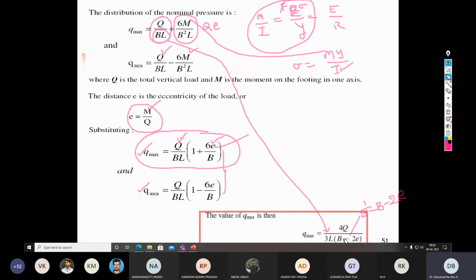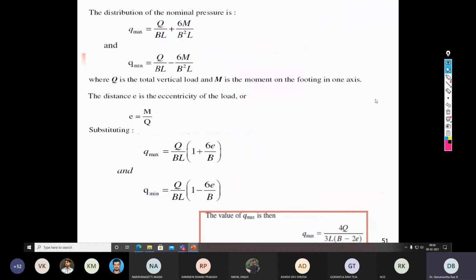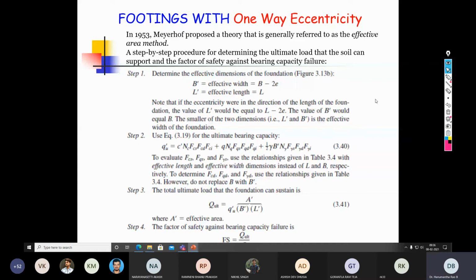Since the width is reduced, there is an increment in the bearing pressure, that is Qmax. So these are the steps which should be followed for the calculation of the ultimate bearing capacity.